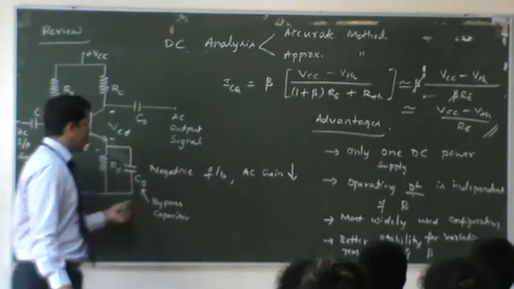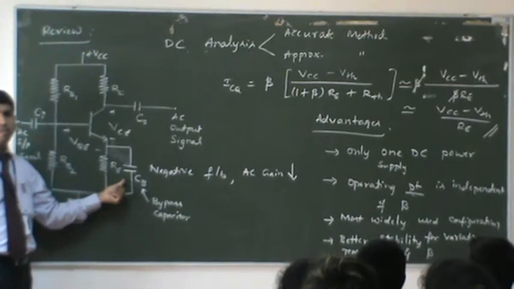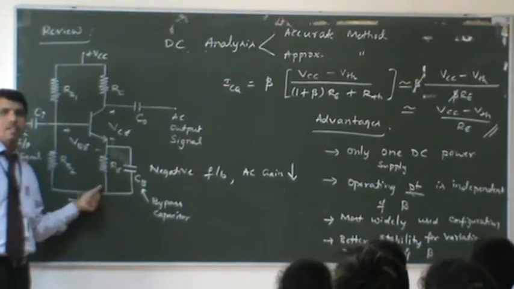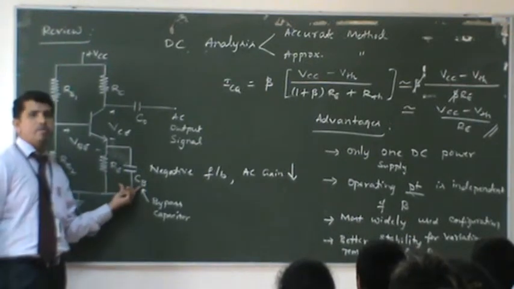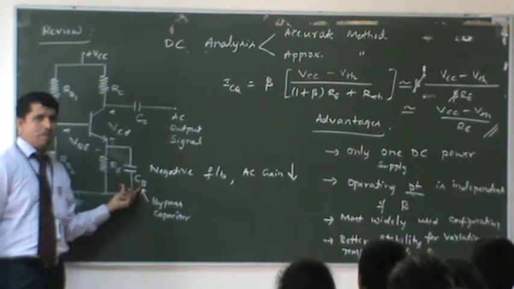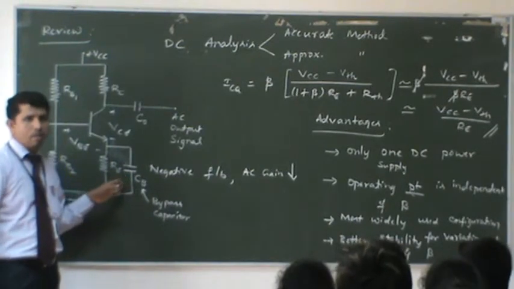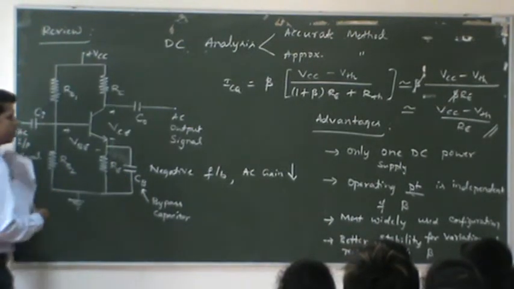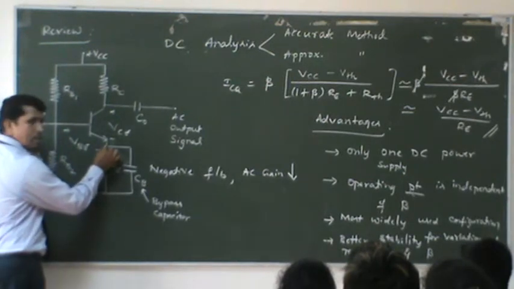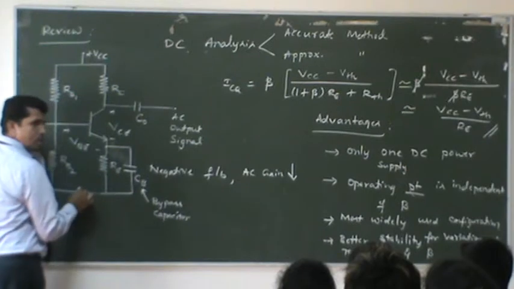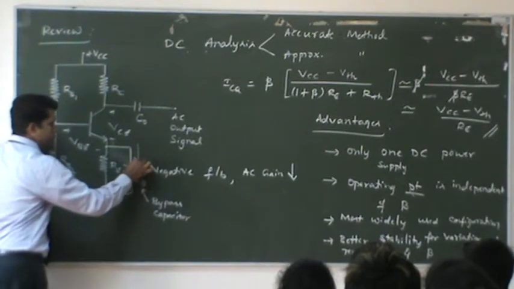Never, because the capacitor becomes an open circuit for DC analysis. Since this capacitor is not considered in the DC analysis, it will not come into the picture for the operating point. That means adding the capacitor here will not disturb my operating point. So it's advantageous. How does this capacitor behave for AC and DC? Whenever the AC signal comes here, it acts like a short circuit. This AC signal passes through this.